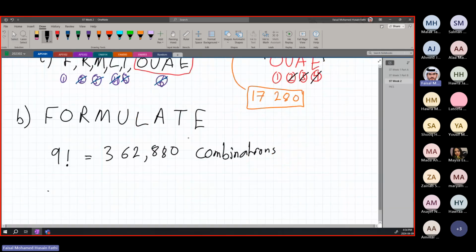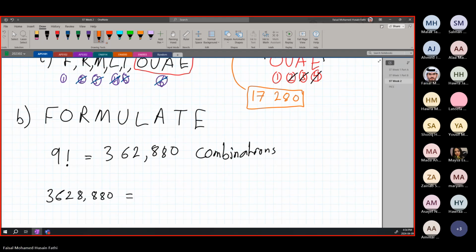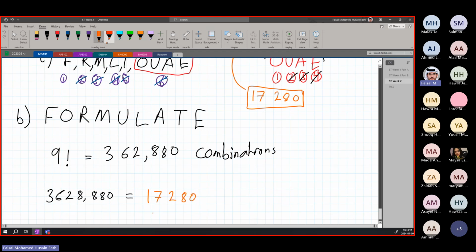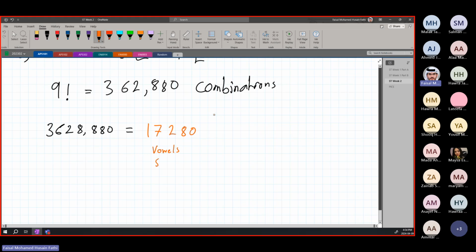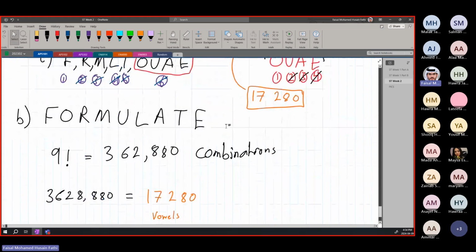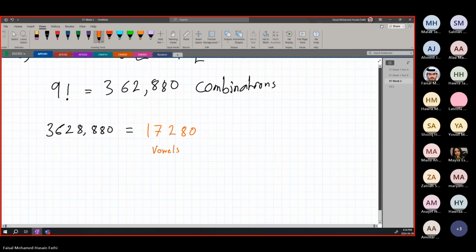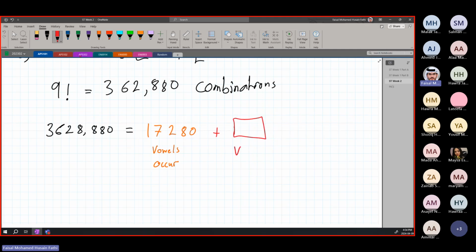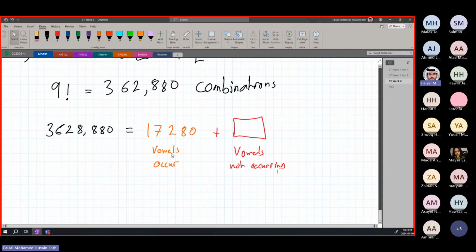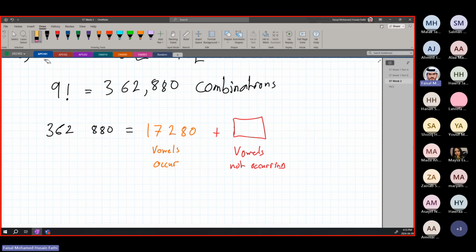We're just going to subtract from the total number of combinations, because 17,280 combinations of vowels occurring together, plus a specific number that we don't know of vowels not occurring, logically, everything that is possible with vowels together and not together should equal the number of total combinations, which we found earlier, which is 362,880.